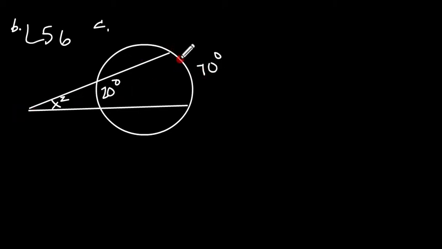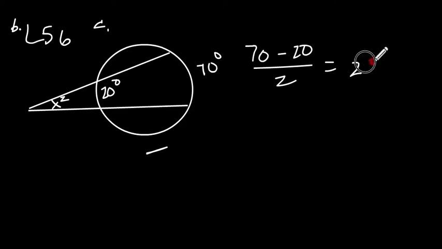Now, on the test, it's not going to give you this one. It's going to give you one down here, and you have to find this one by subtracting it from 360. So for this particular one, you're going to do 70 minus 20 divided by 2, which is going to be 50 divided by 2, which will be 25. So you'd say x equals 25 degrees.